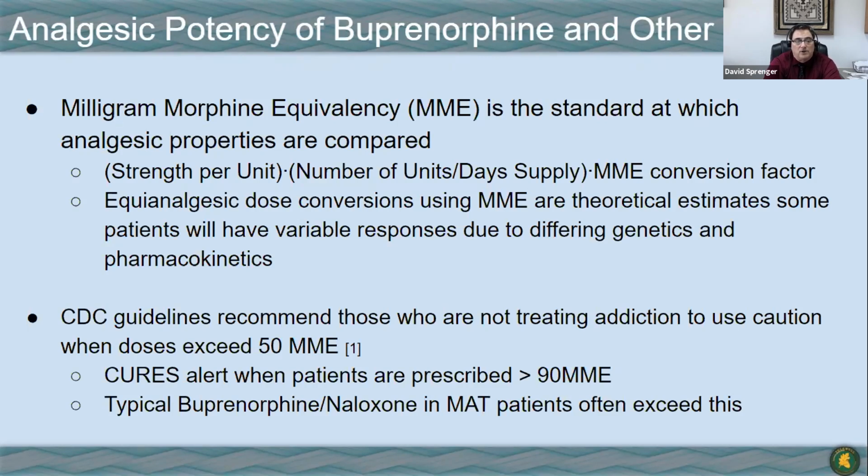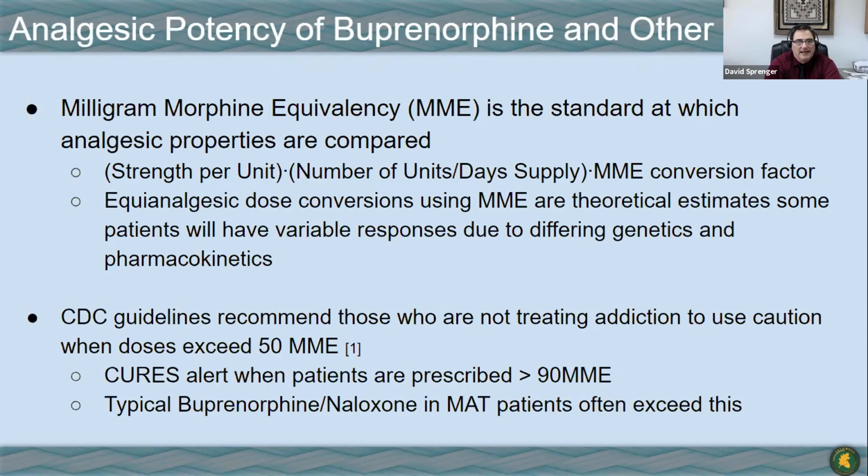The typical buprenorphine and naloxone morphine milligram equivalents often exceed this amount because of the potency, but because it's unlike standard opioids, you don't have the same types of risks that you do with any other opioid.